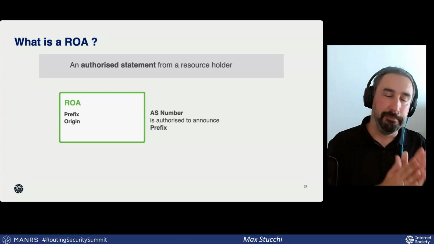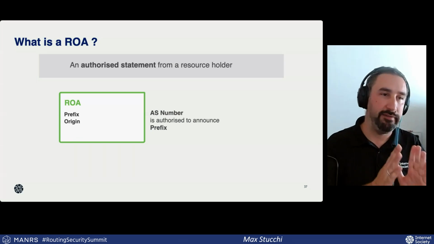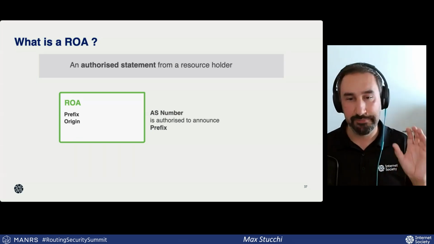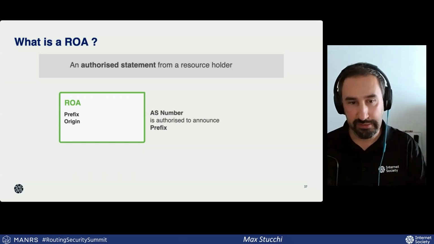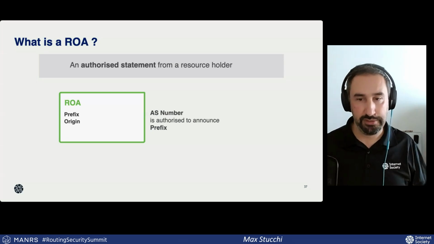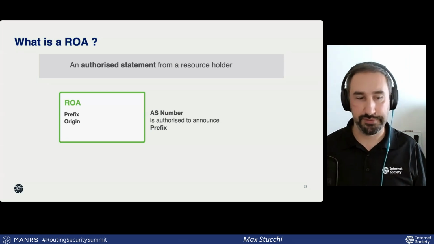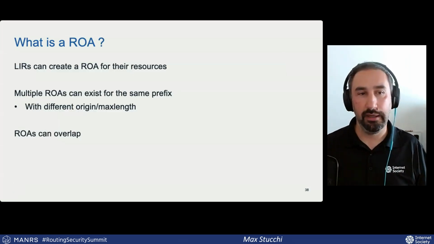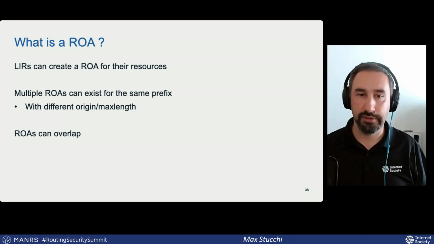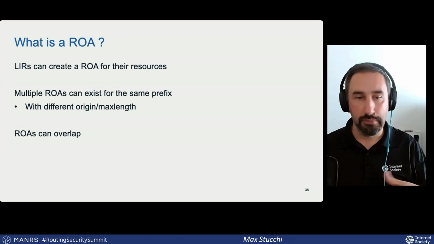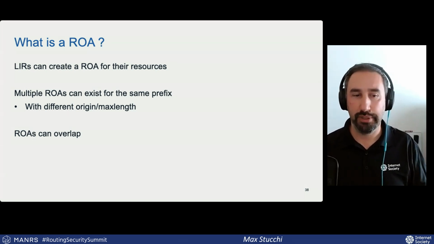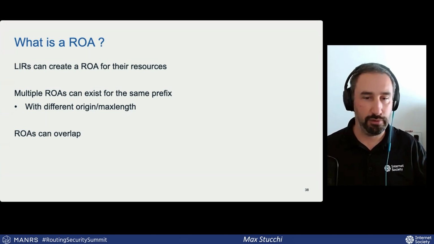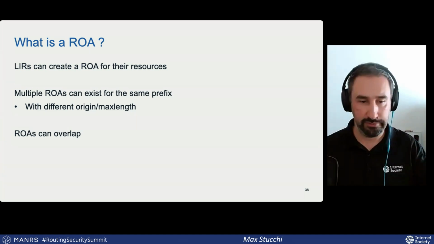A ROA is basically a statement that says, as I mentioned already, this AS number, so the origin, is authorized to announce this prefix. So LIRs can create ROAs for their resources. Multiple ROAs can exist for the same prefix, even with different origin, different max length. I'll get to that in a moment.